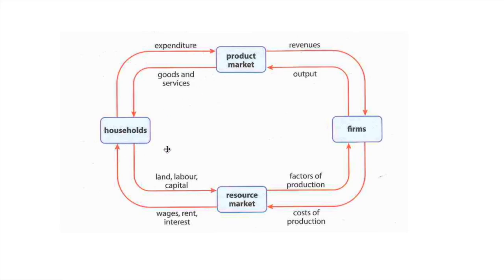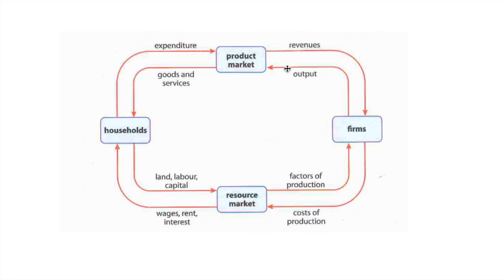Now the households want those goods and services. They purchase them, so the goods and services in the product market go to the households. They can't get these goods and services for free, so they have to make an expenditure, and this money goes to the product market. Again, the firms made output, so they have to benefit from it, right?